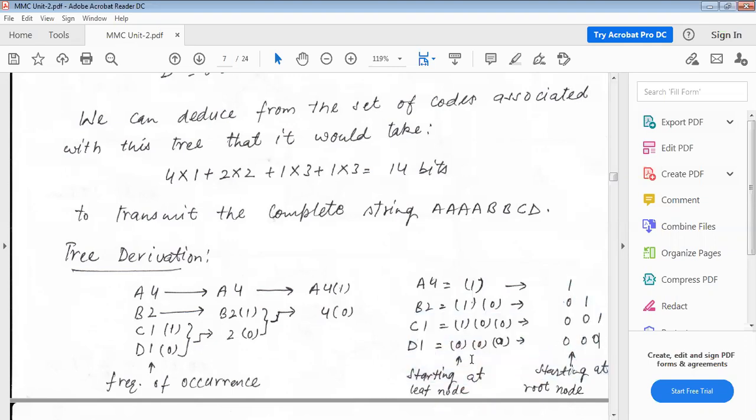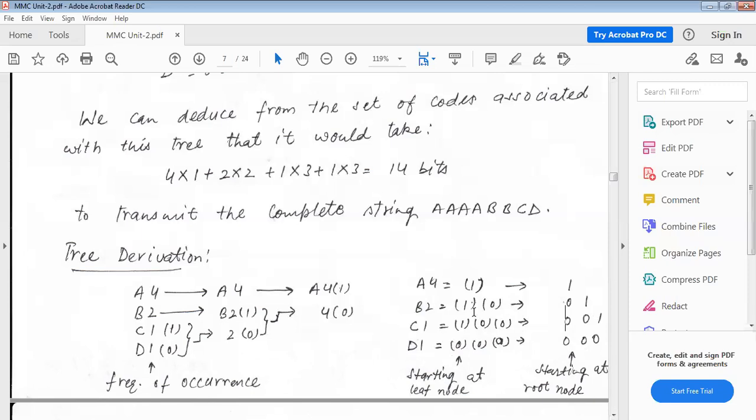So this is another method, taken from the leaf node to the root node. Actually, here it is top node to the bottom node, or root node to the leaf node. So that is why I will take the reverse of this. So here I have done a reverse operation to write these code words. That's all I have done here.